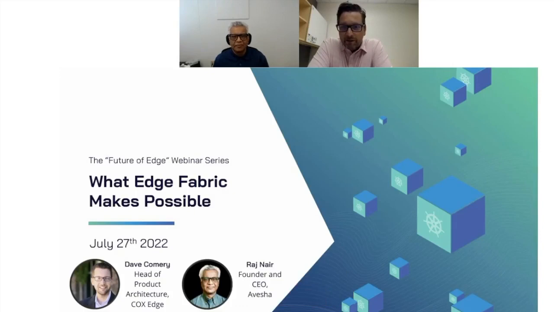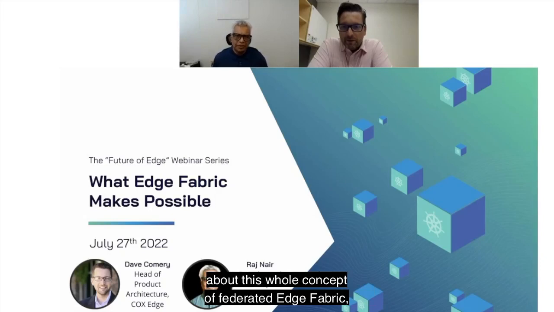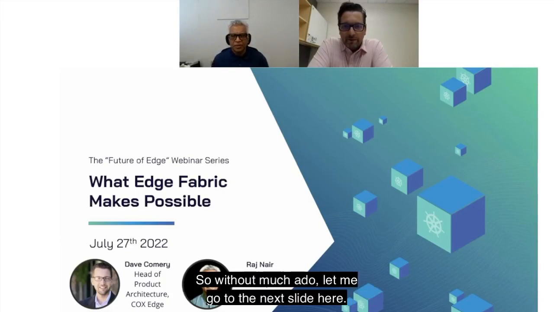I'm looking forward to describing this whole concept of a federated edge fabric, how it works, all the key aspects of it, and some cool things that it can do. So without much ado, let me go to the next slide.